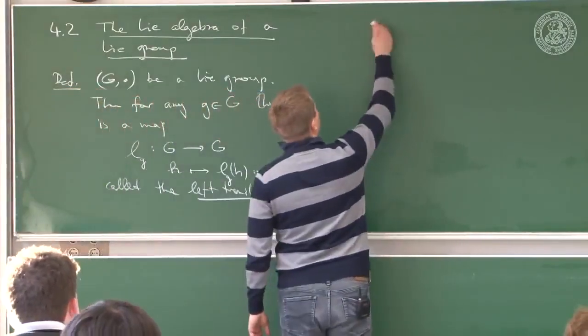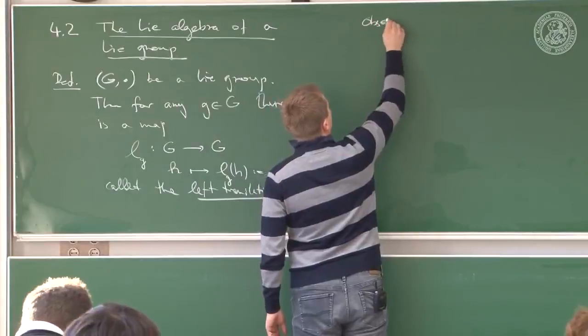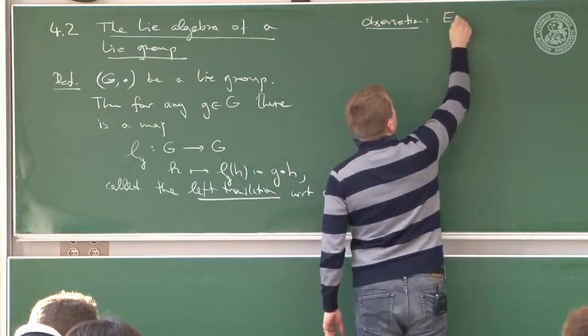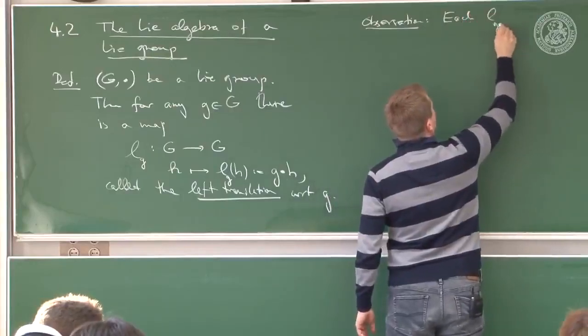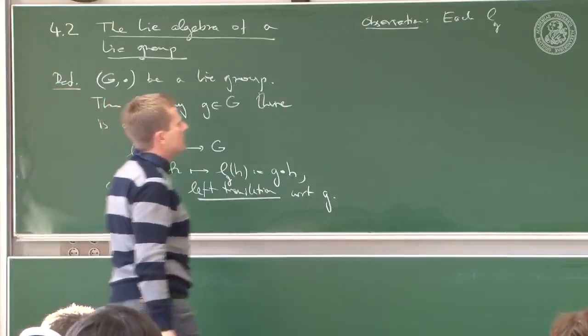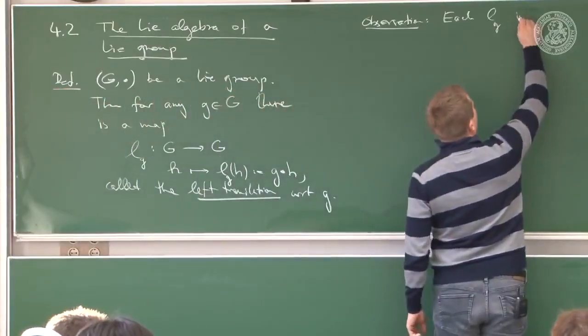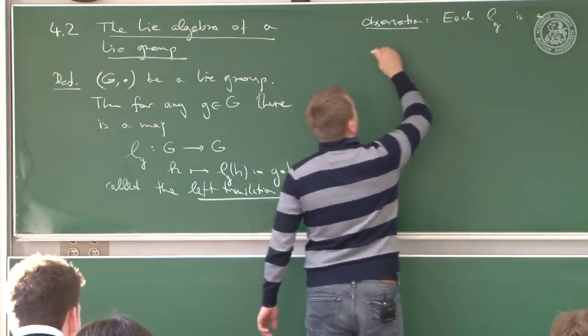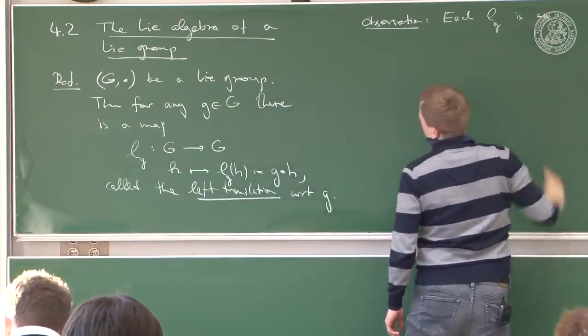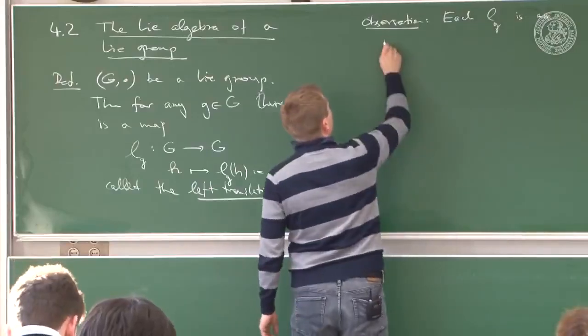Now, we make the following observation, namely that each L_g, the each referring to the choice of g, so whatever g you choose, each L_g is an isomorphism.